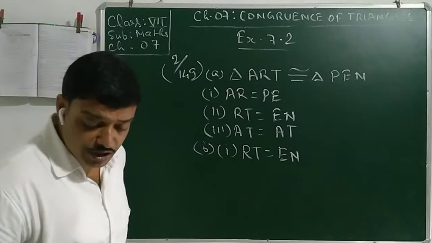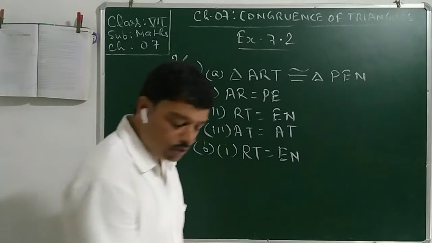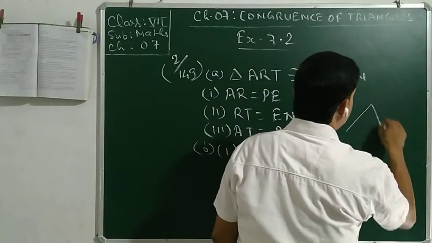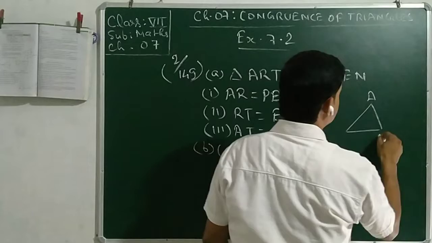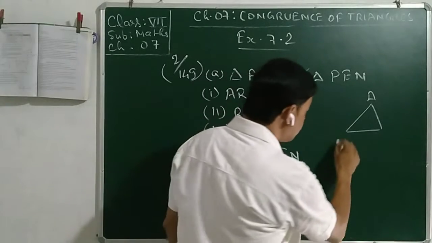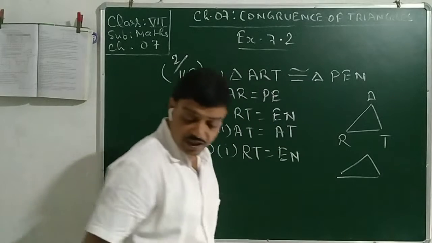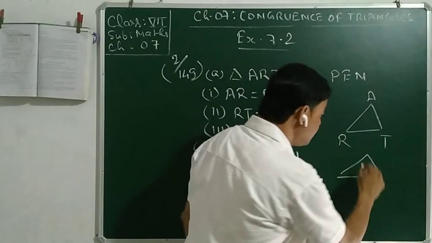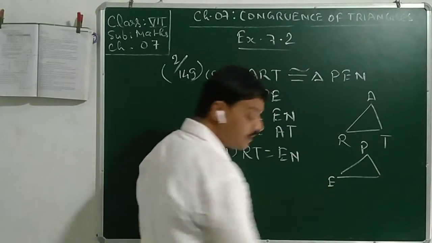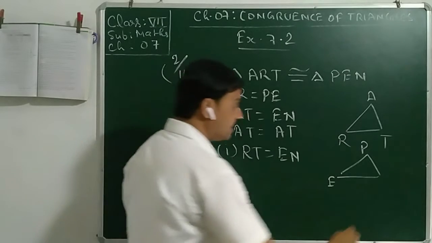Wait, let me check whether it's correct or wrong, because ART, AR and P is there, another triangle is also there in which P, E and N are there.